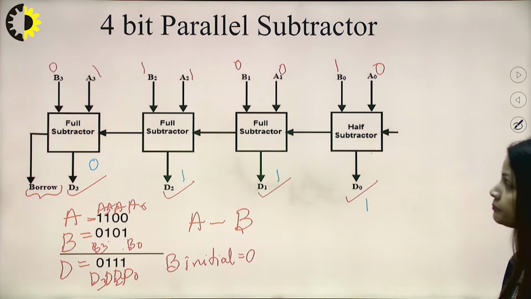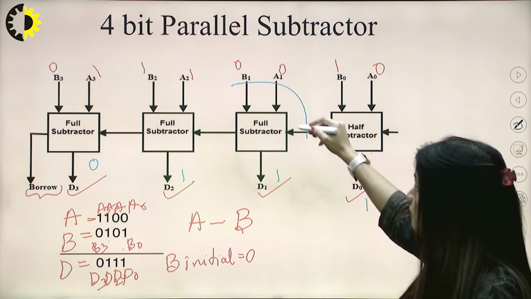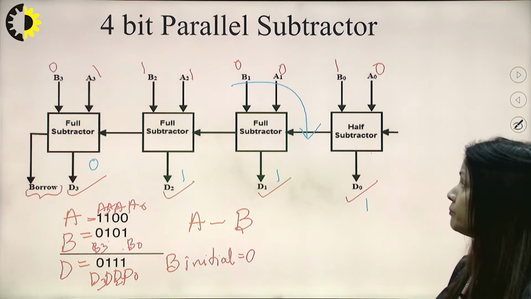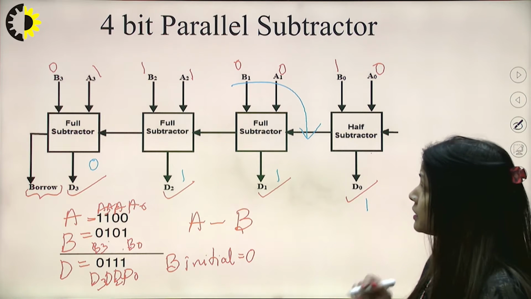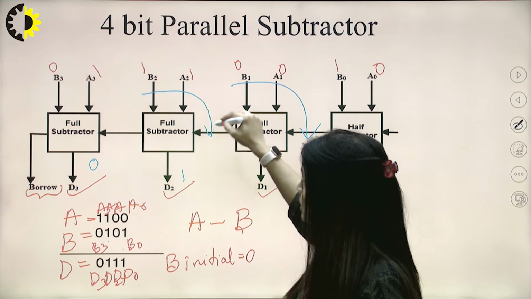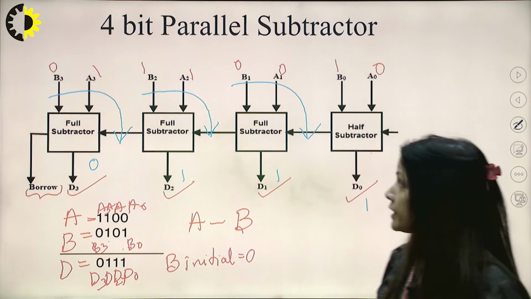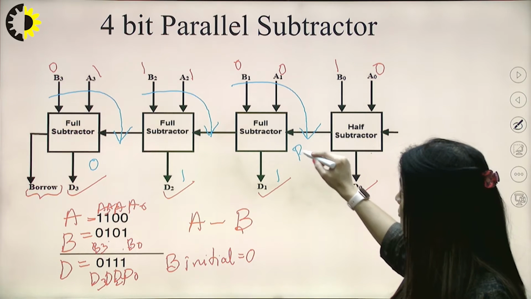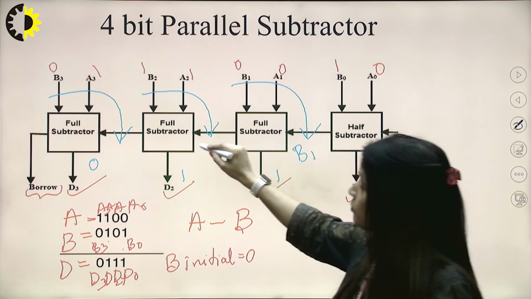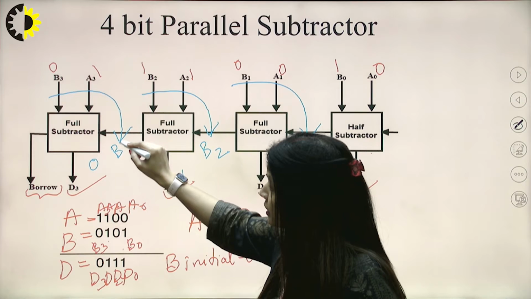Similarly here, the XOR of the 3 bits will be performed like in a full subtractor circuit, with the borrow from the first stage, the borrow from the second stage and the borrow from the third stage.